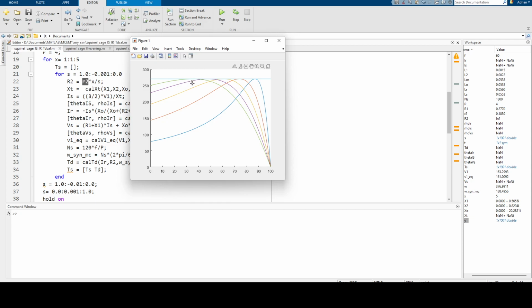So this is a way of controlling the speed of the motor. But it's just that it's not convenient to be changing the actual resistance in a motor while it is running.